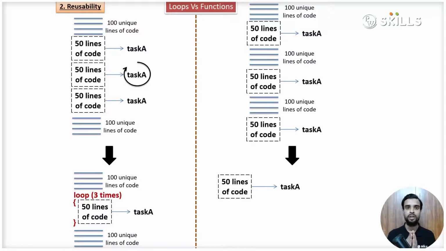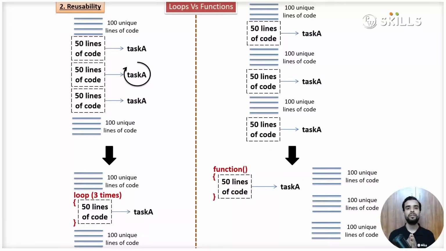And this time you will have to enclose it within a block of code called a function. Next what, sir? After which the application code would look something like this. But once the first 100 lines of code are executed, before the next set of 100 lines of code are executed, in between, task A should be executed. But are you going to repeat the 50 lines of code once again here? 100% no, since it has already been enclosed within a function.